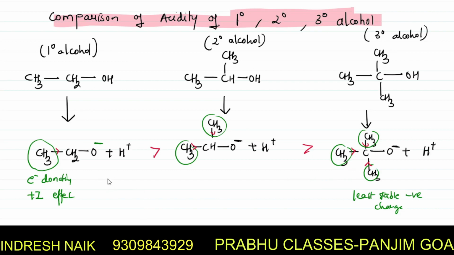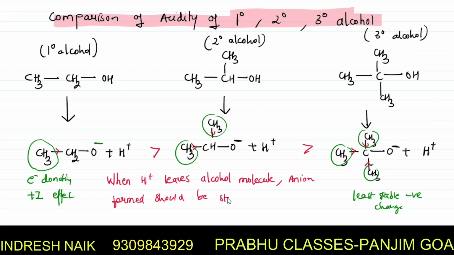When H plus leaves, the alcohol molecule forms an anion, and the anion form should be stable. So based on the inductive effect, this is negative and it is making it more negative.